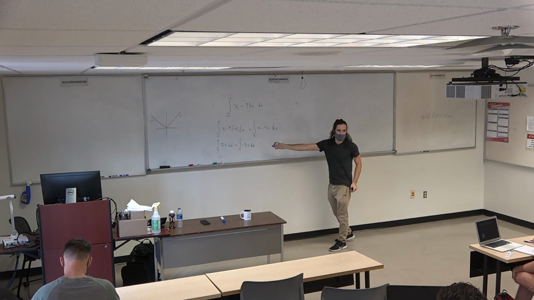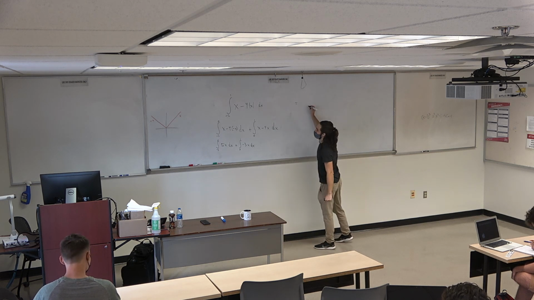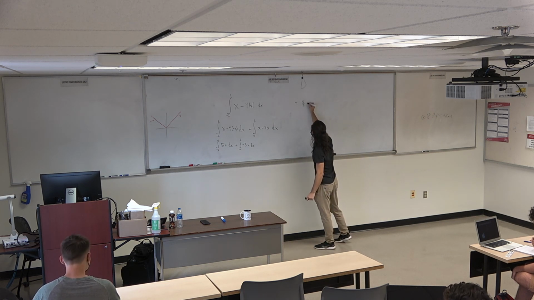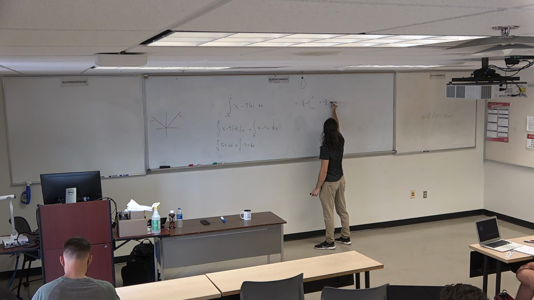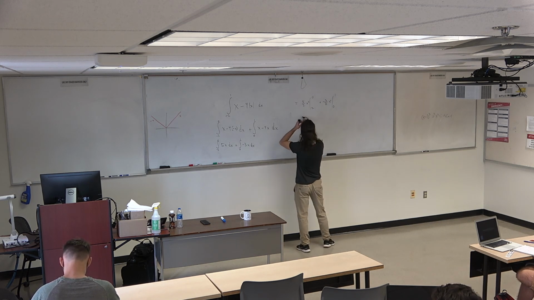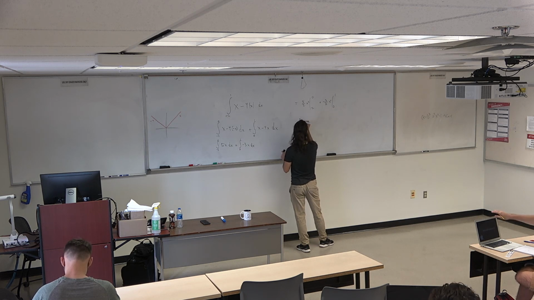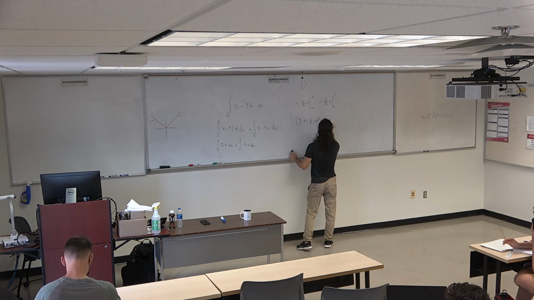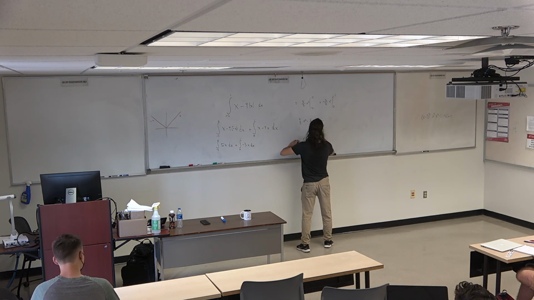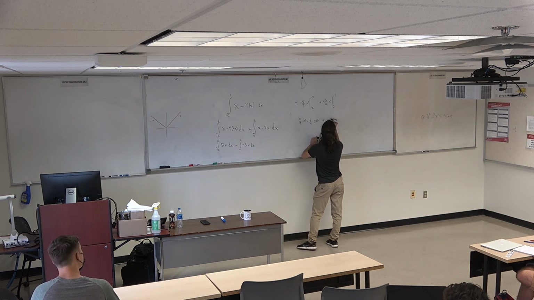So that's kind of the meat of it: you got to split it up there. So this is 5/2 x squared from -2 to 0. And then this is -3/2 x squared from 0 to 1. And so that's 5/2 times 0 minus 5/2 times -2 squared, plus -3/2 times 1 squared minus -3/2 times 0 squared.